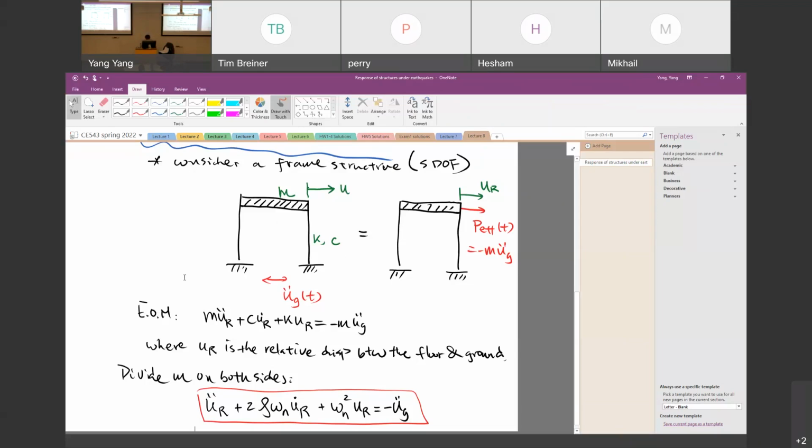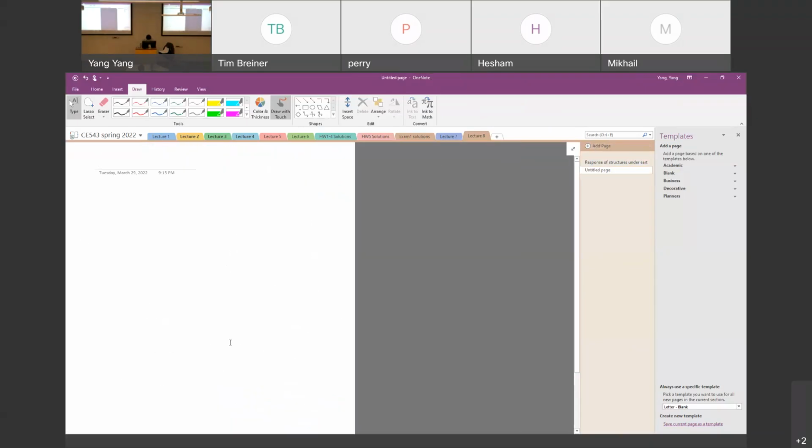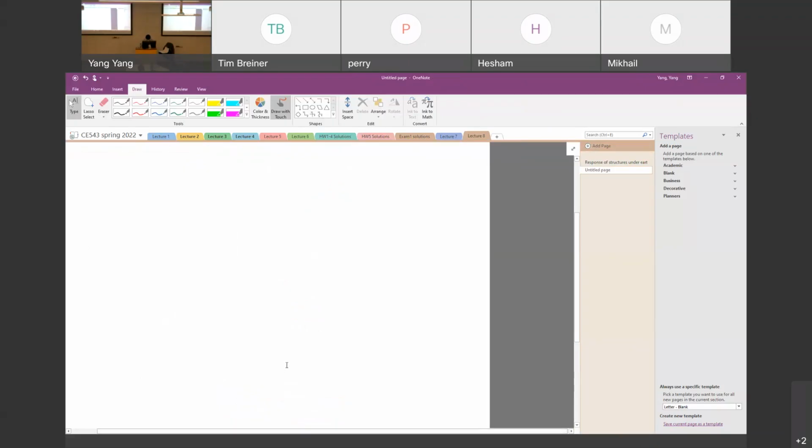Another important concept here for earthquake load is the seismic load, the equivalent seismic load, or lateral force.